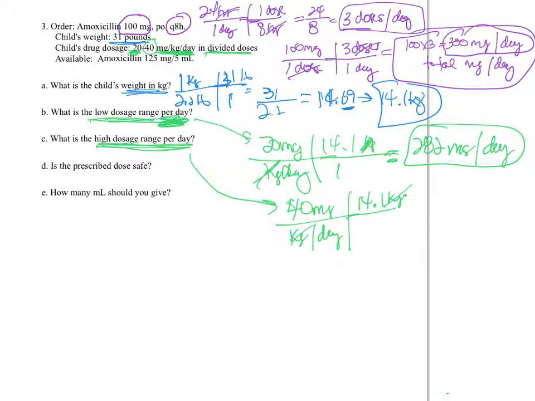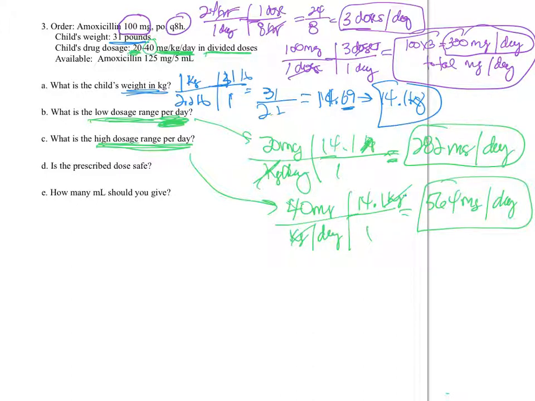Cross out our kilograms. 40 times 14.1 equals 564, because 1 times 1, when you go across, is just 1. So 564 milligrams per day.